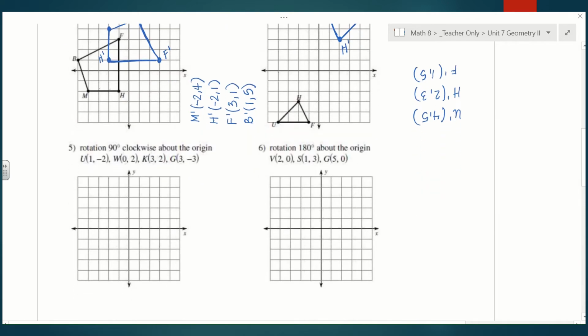Okay, so if you look at 5 and 6, these ones we're still going to do 90 degrees and 180, but now I'm asking you to actually plot the polygon yourself to start. So take a second. I will be quiet while you do that. Don't forget to label your points as you go.